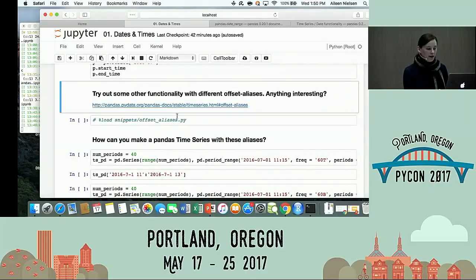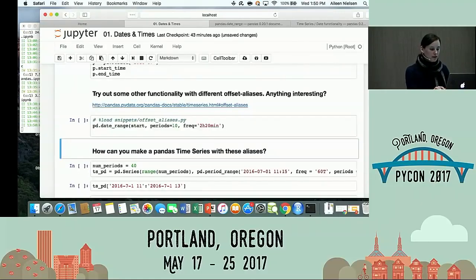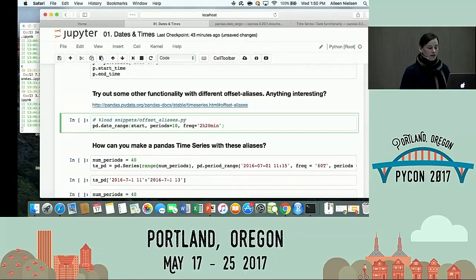Okay. We've also got combos. So I also want you to be aware when you've got these offsets or frequencies, you don't have to use nice round numbers like 60 minutes or 1 hour or 1 month. You can arbitrarily combine stuff, right? So if your boss comes in and wants customer stats on your website every 2 hours and 20 minutes because that's what his hairdresser suggested that morning, you can easily do it.